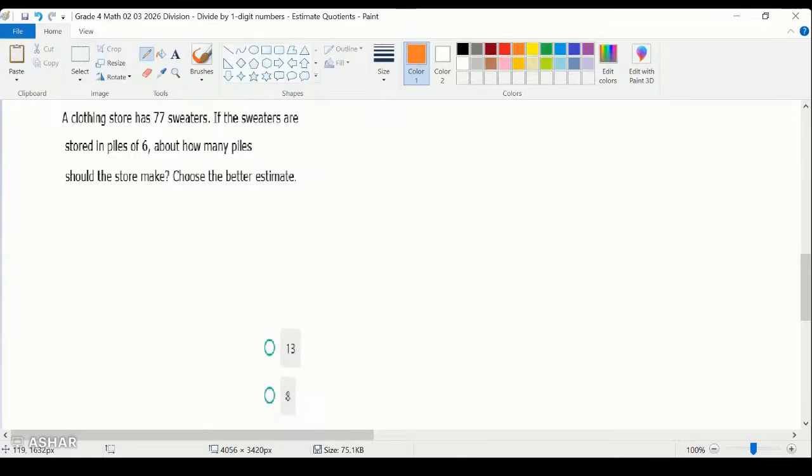There are option A and option B. Let's see who understands and who can answer. If the clothing store had 77 sweaters stored in piles of 6, how many piles should the store make? Very simple, right?